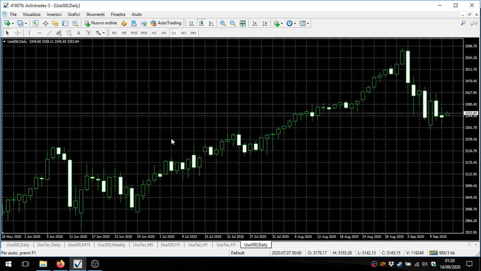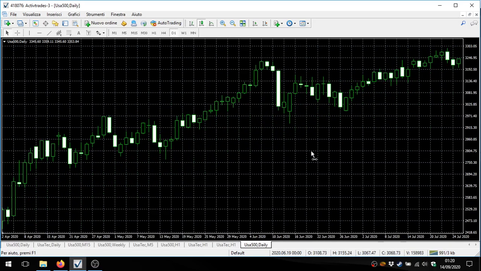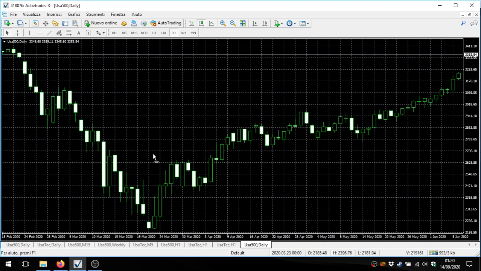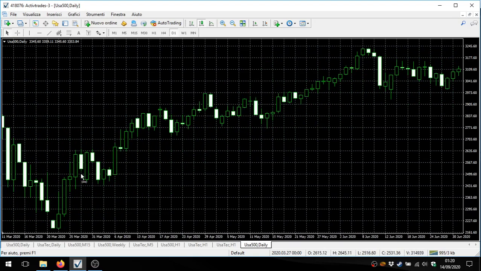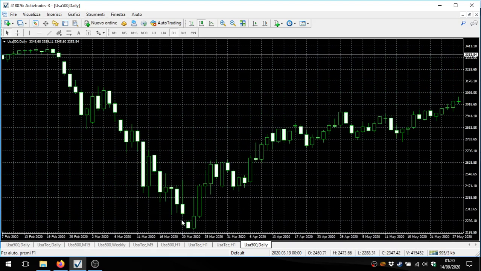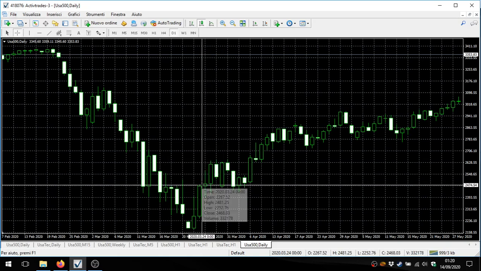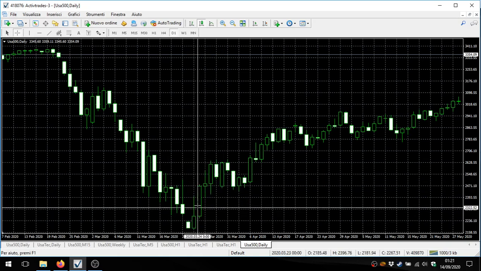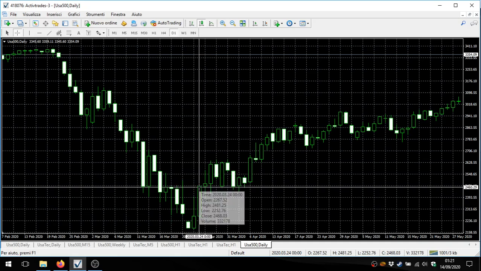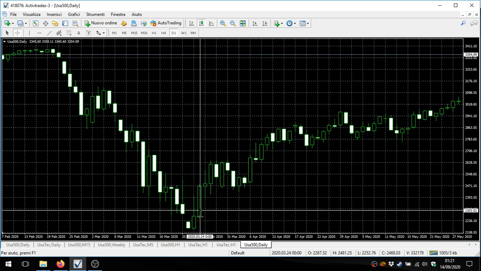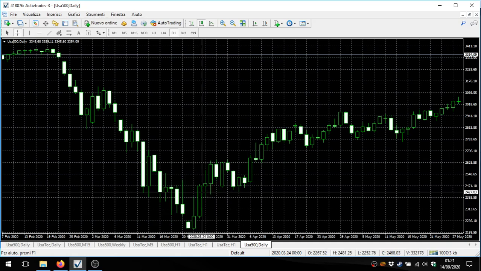Taking a random area of the last rally, okay, this is March of this year. We have this particular day in which the price came from a huge rally. If you remember, this is the huge rally that happened around March 24.